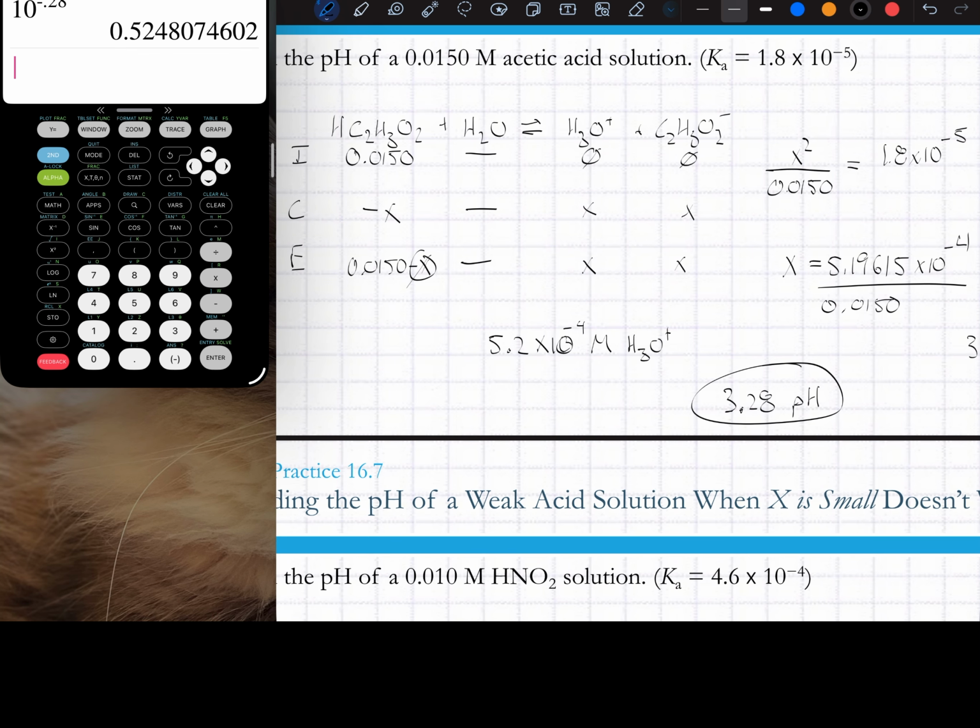Actually, I should do more decimals. So 10 raised to the negative 0.28, 3, 9, 9, 6, 6, 5, 6, 4. Oh, actually, it's 1. No. Did I go the wrong way? Went the wrong way.